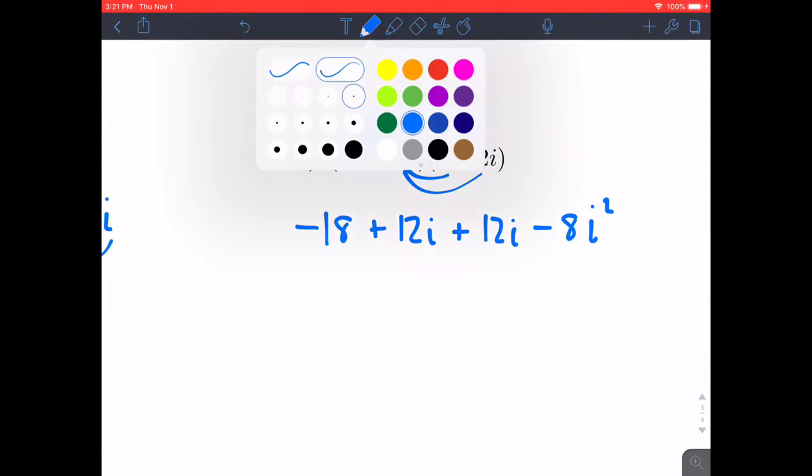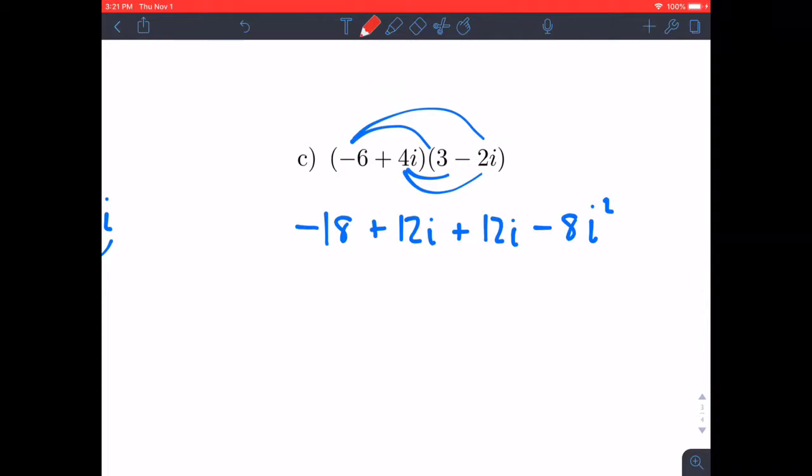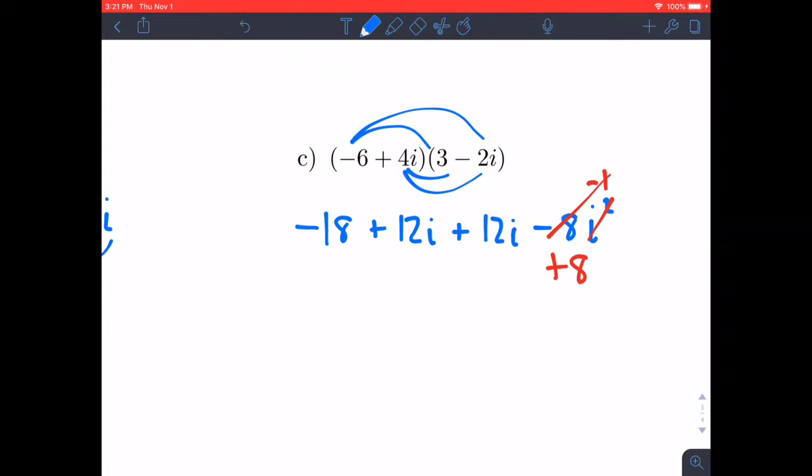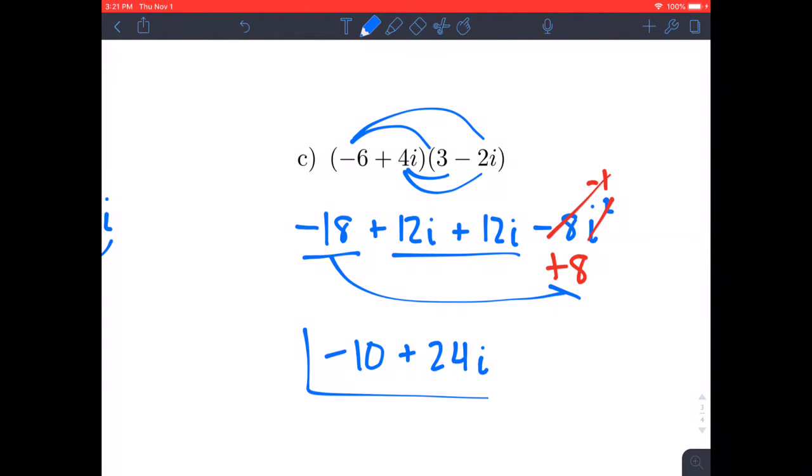In this we can simplify what is i squared. i squared is a -1. So minus 8 times a -1, this all ends up becoming plus 8 instead. So again, combine like terms, -18 plus 8 is going to be -10, and then 12i plus 12i is 24i.